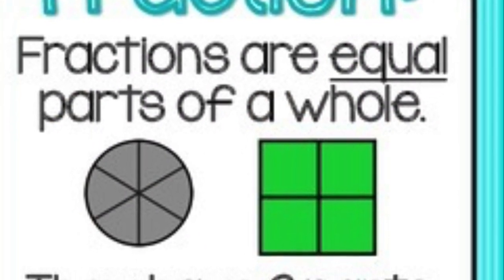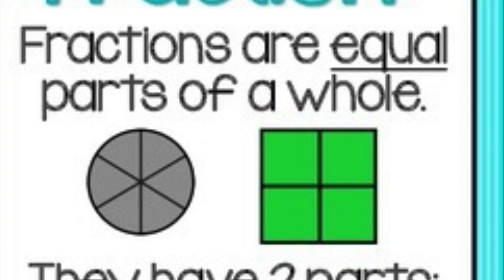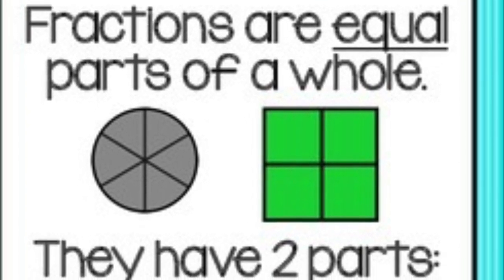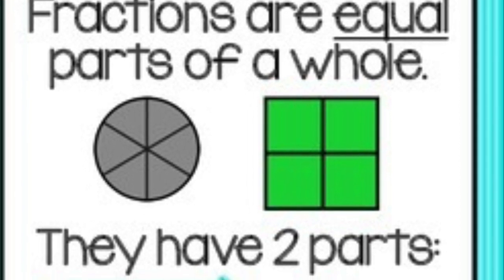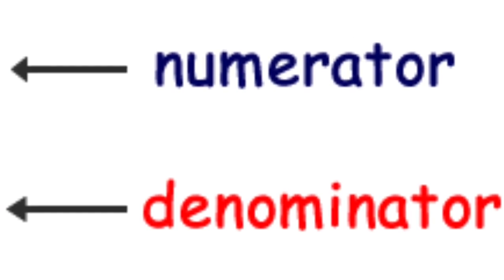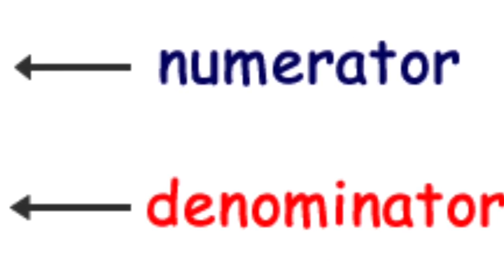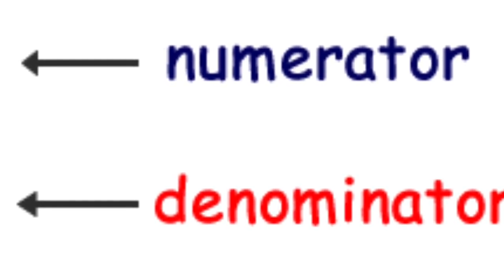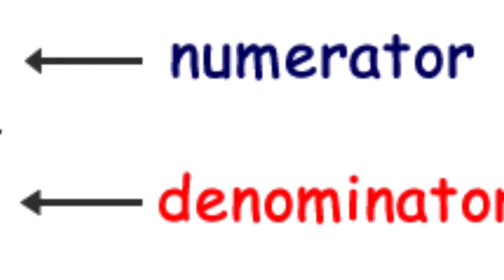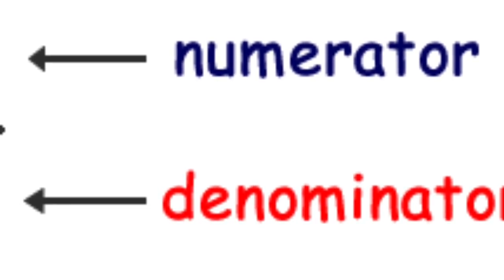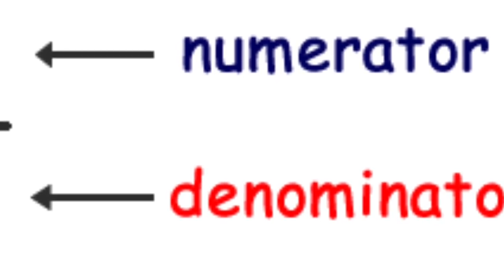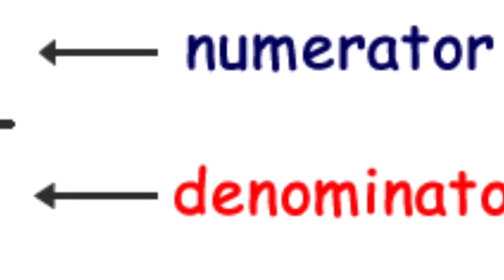A fraction tells us that we are talking about less than a whole unit or less than a whole set. Remember, first we count up all of the items or all of the pieces. That becomes our denominator. Then we count up the ones shaded or the ones not shaded, whatever the question asks for, and that becomes our numerator.